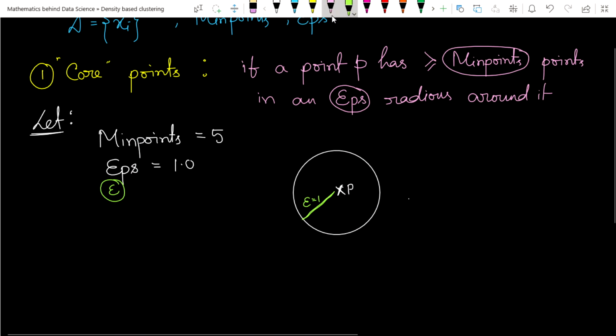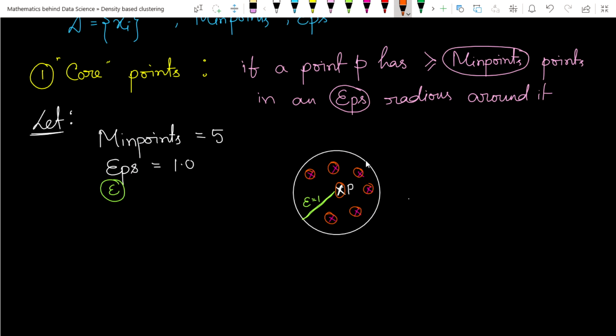Suppose we count the points in this region: 1, 2, 3, 4, 5, 6, 7. So the total number of points here is 7.